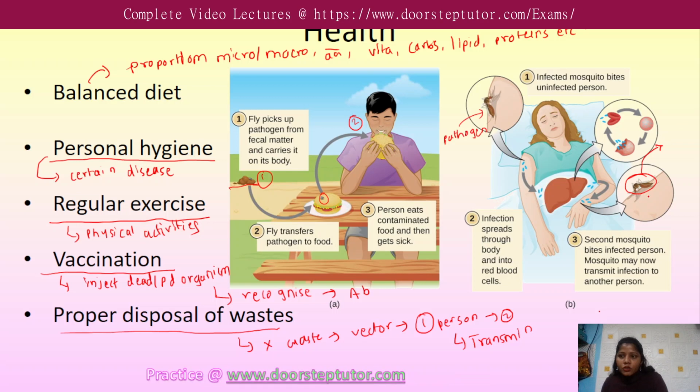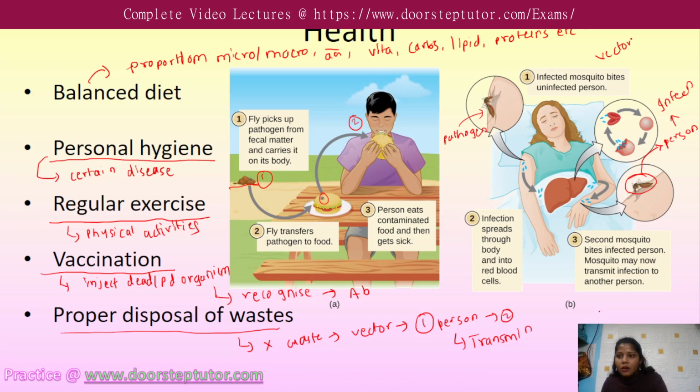Now the pathogen is inside the second mosquito, and this second mosquito goes and bites another person and causes infection in that person. This is how the mosquito also acts as a vector for the transmission of diseases from one person to another.